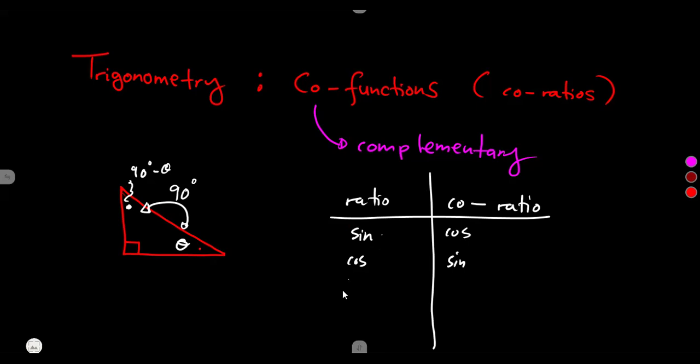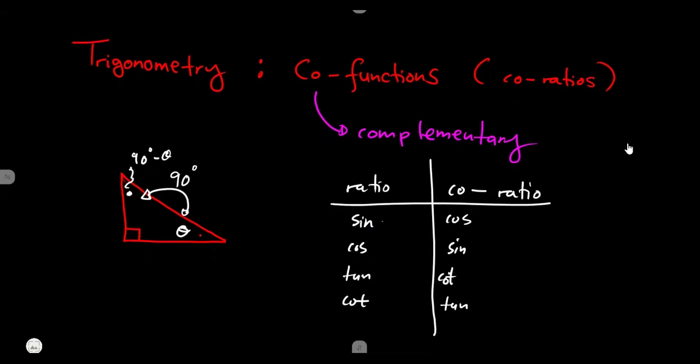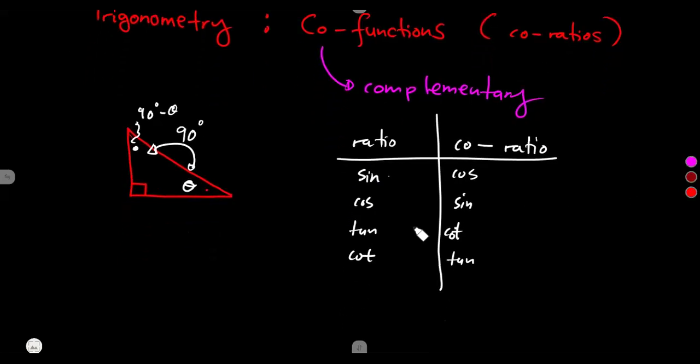If we talk of a tan, it changes to a cot. That's the co-ratio. If it is given as a cot, it changes to a tan. This is the concept that you're going to be using in your simplification. If it is a sec, it's going to change to a cosec. A cosec is going to change to a sec.